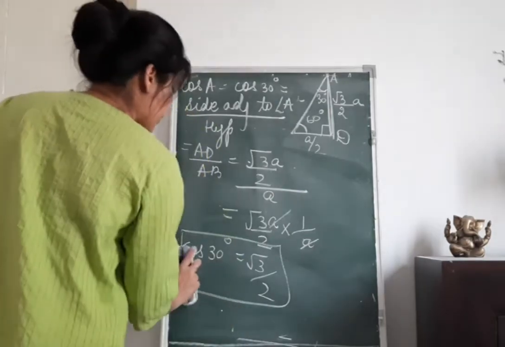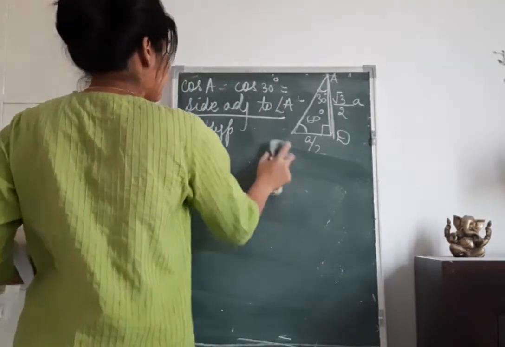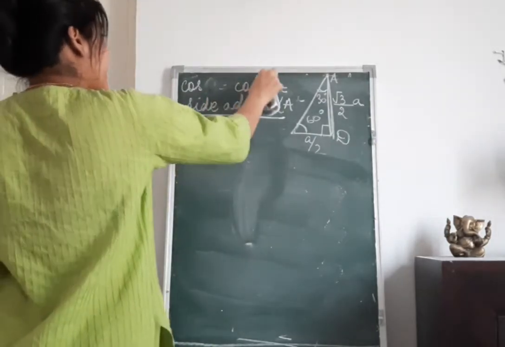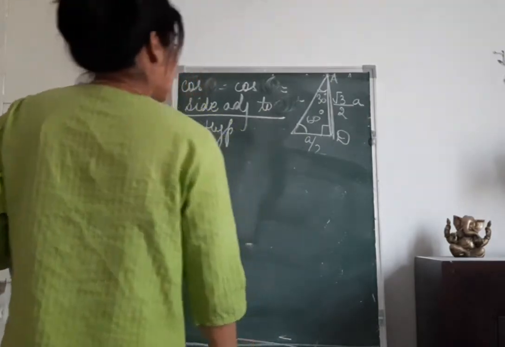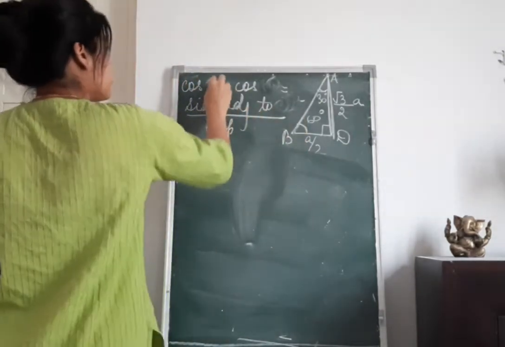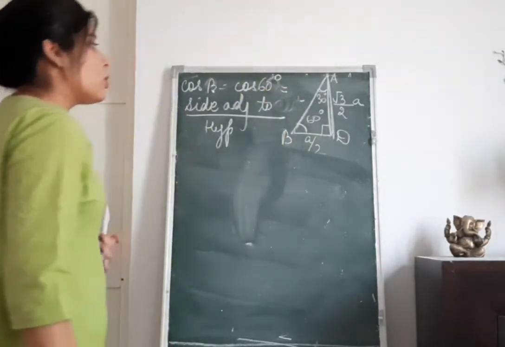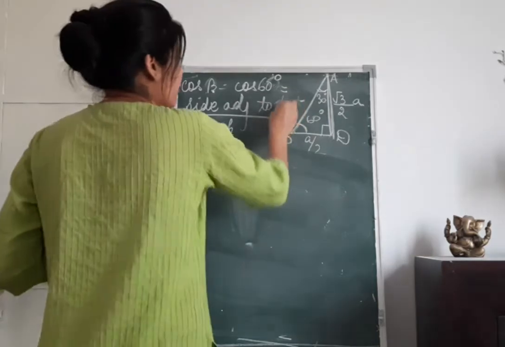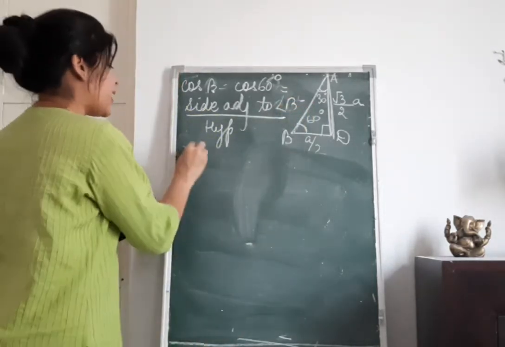Okay. Now let us try to find out cos of 60 degree. That will be cos of angle B, right? Cos of B is equal to cos of 60 degree. That will be equal to side adjacent to angle B upon hypotenuse. Which side is adjacent to angle B?